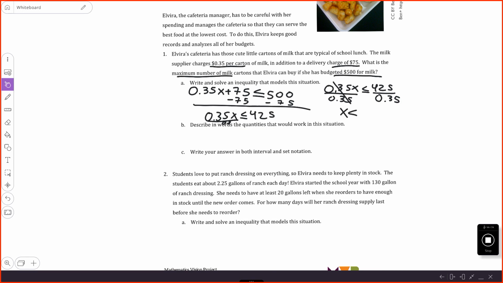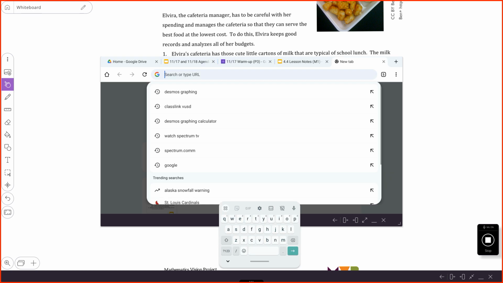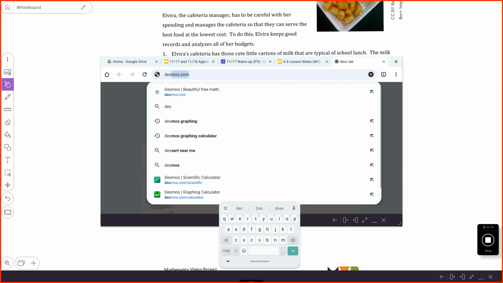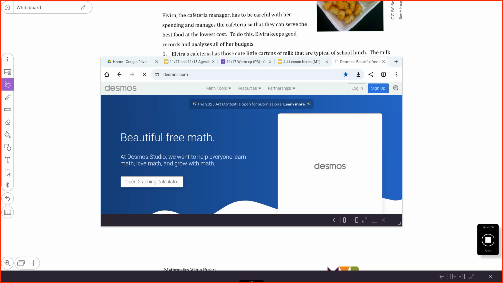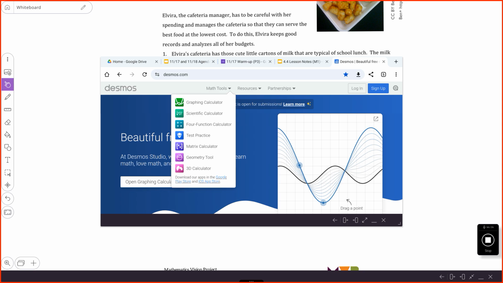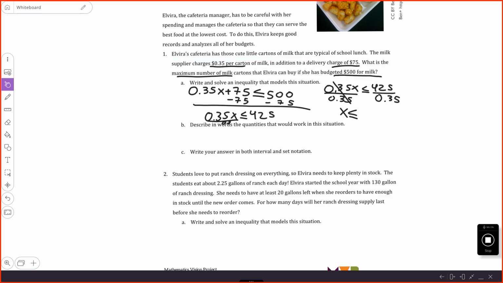So x has to be less than or equal to, I don't know that off the top of my head, so I have to go to my calculator. I'm doing 425 divided by 0.35.